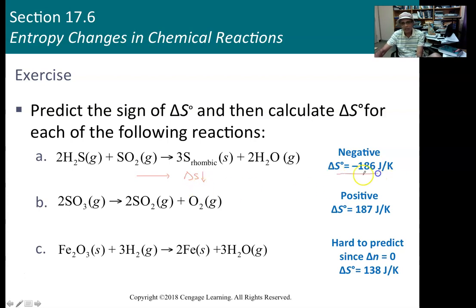And that's actually confirmed by the calculated value. So calculate these values and make sure you can confirm them with your visual determination based on the reaction. Once you confirm the sign, then you can move on. So I'll let you try the rest of the questions, and thank you for listening.